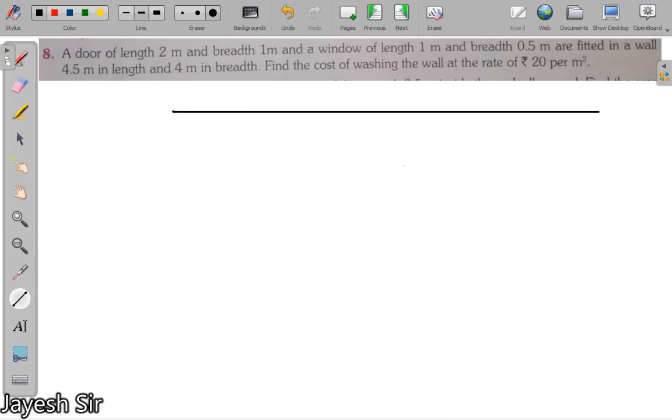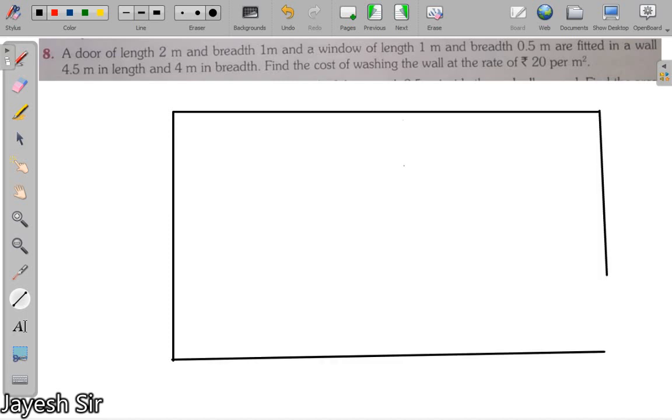First of all, this is a wall. This is a wall of any house or building. On this wall there is a door. This here is the door and there is a window.